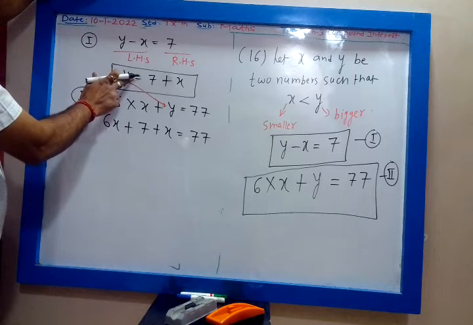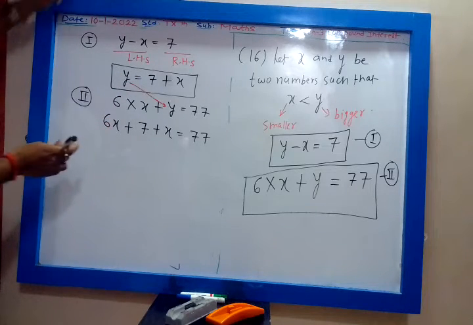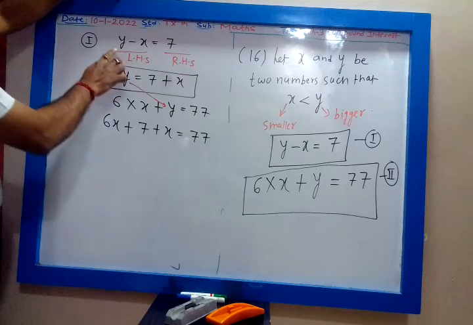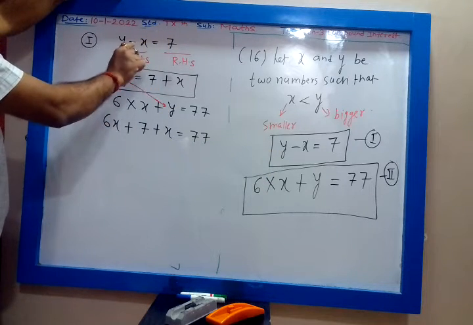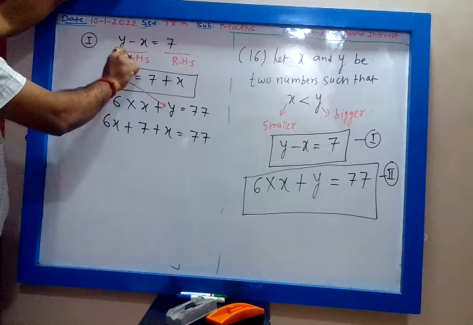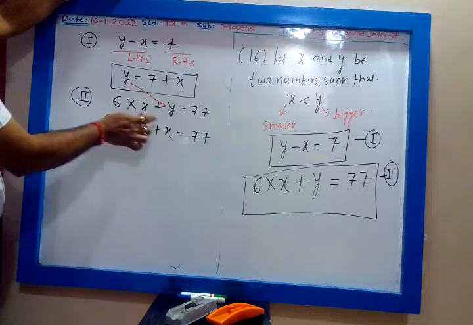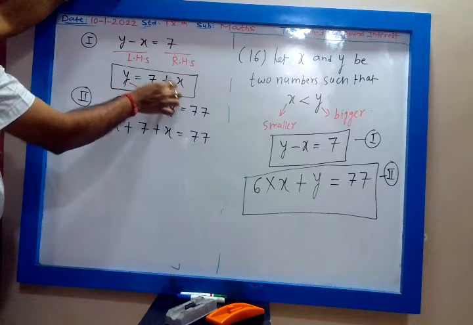So now, my dear, equation 1 is y minus x is 7. When I take x on the other side, y is equal to 7 plus x. Now this value of y I will substitute in this equation. In place of y I will write 7 plus x.